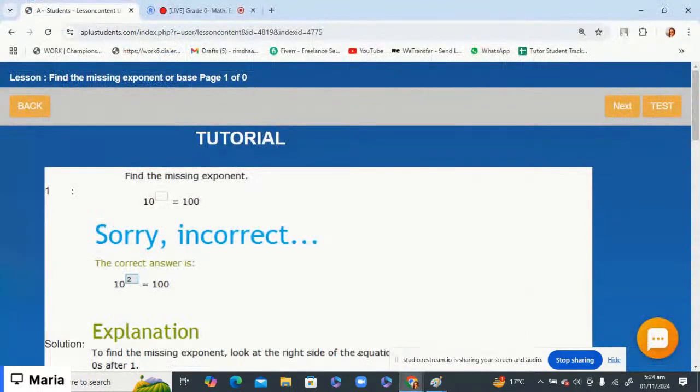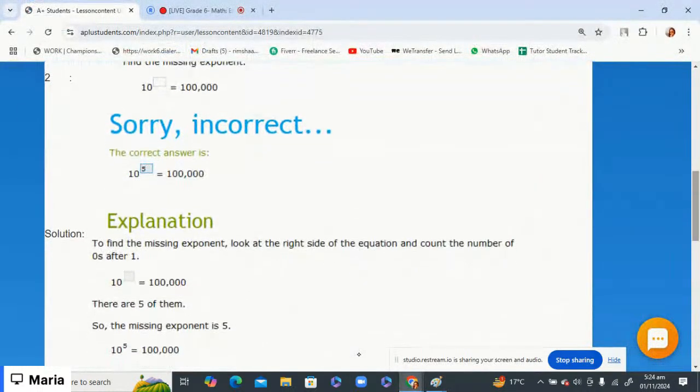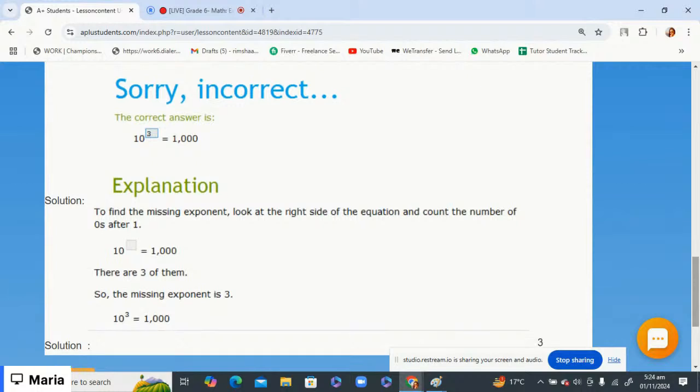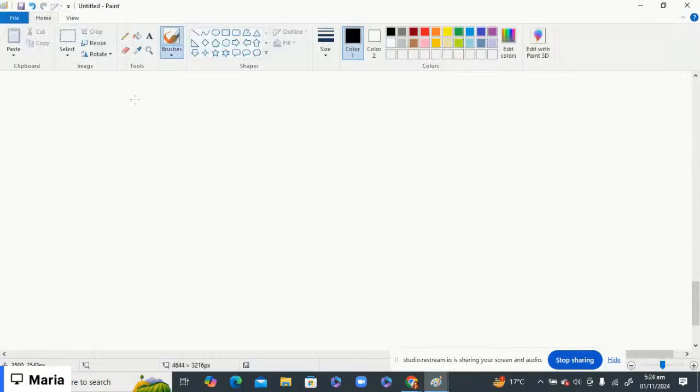Just taking the example from the website now. So here we're gonna take this example 10, and here are some missing exponents, and the answer is given, which is 1000. Okay.